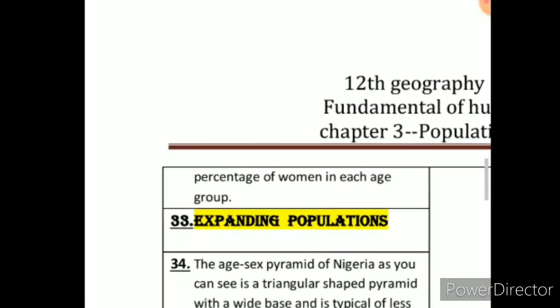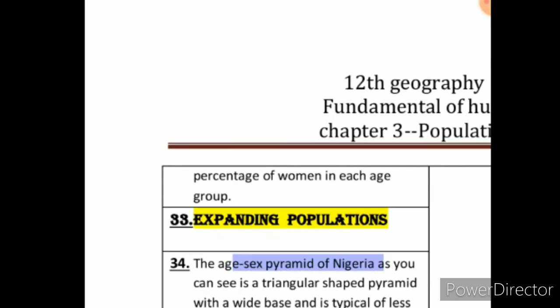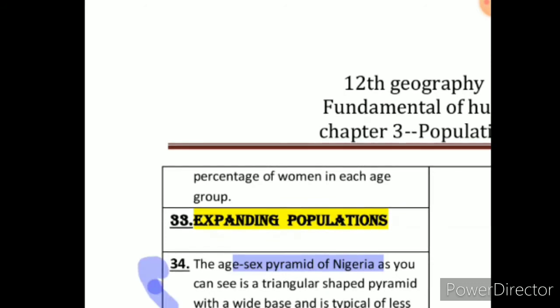expanding population. So if you see some countries, like the age sex group pyramid of Nigeria. Nigeria is a country in Africa, right. And the shape of the pyramid is triangular, right. It has a wide base.